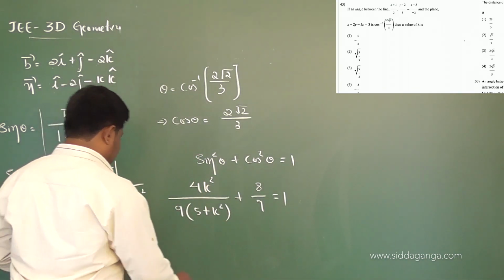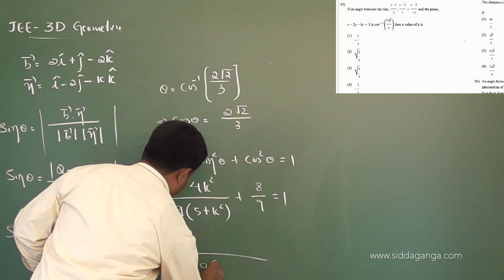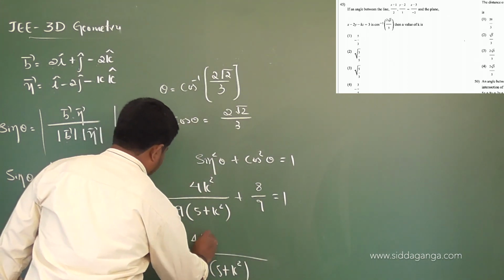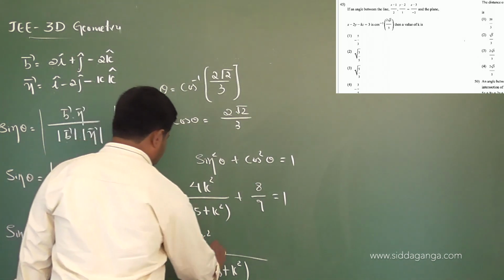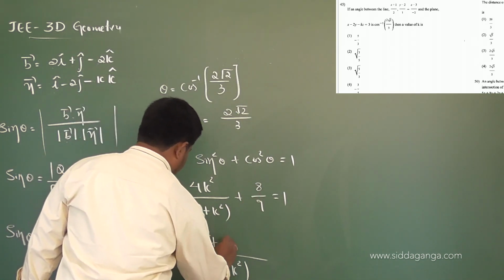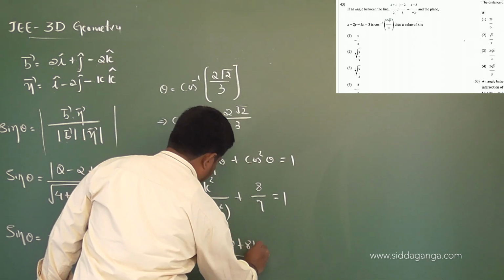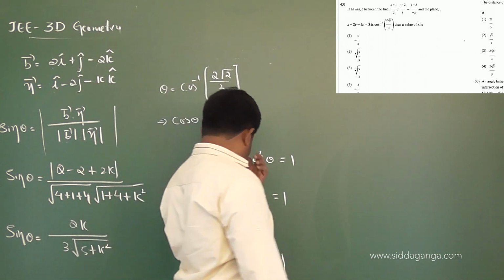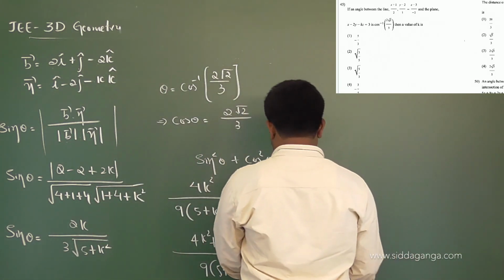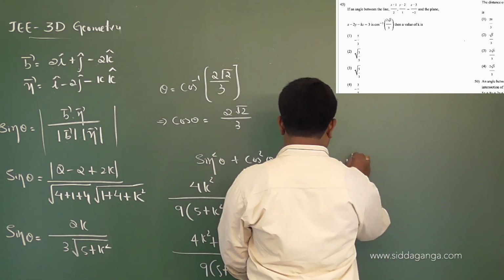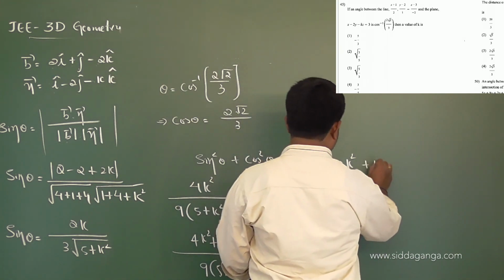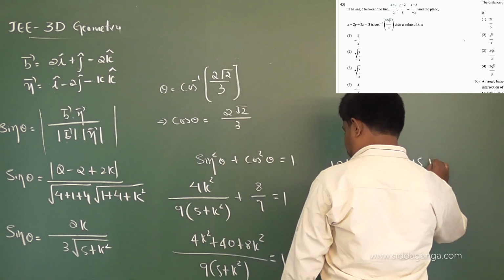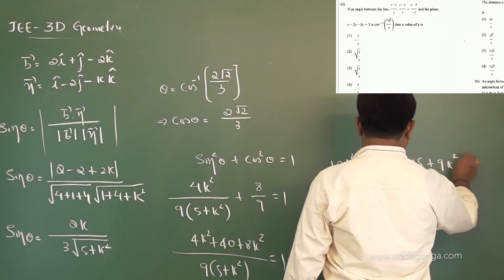So now take 9 into 5 plus k square as the LCM. So 4k square plus 8 into this is equal to 1. So 4k square plus 8k square, so 12k square plus 40 equal to 45 plus 9k square.